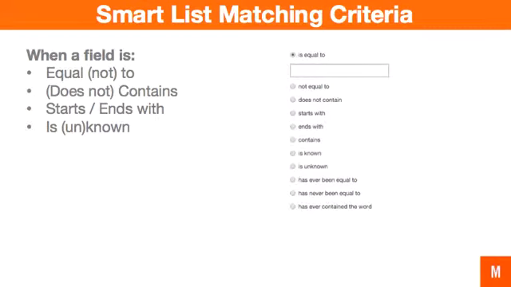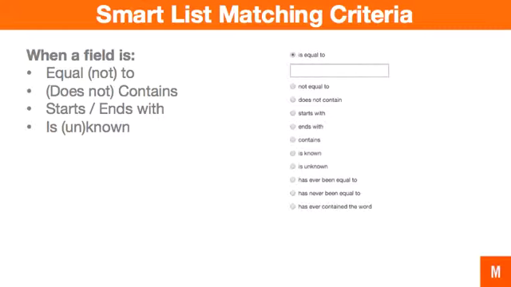So when it comes to smart lists, what are the matching criteria you can use? You can use when a field is equal to something or not equal to something, when a field contains something or does not contain something, a field that starts with something or ends with something, or if a field is known or not known.